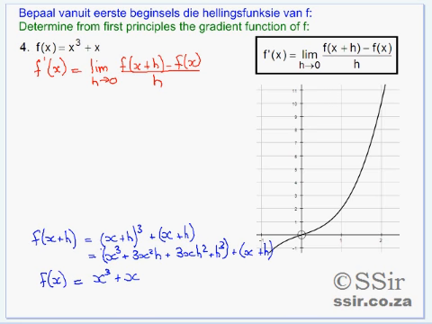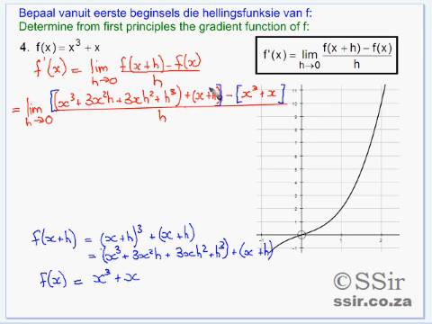So let's substitute these into our formula. In the first step, in the first blue square brackets, I've rewritten the value of f of x plus h, which is this bracket plus the next one. And if we go to the formula, then we must subtract f of x, which is the next square bracket, x cubed plus x. So in our next step, we are going to remove all the brackets and simplify.